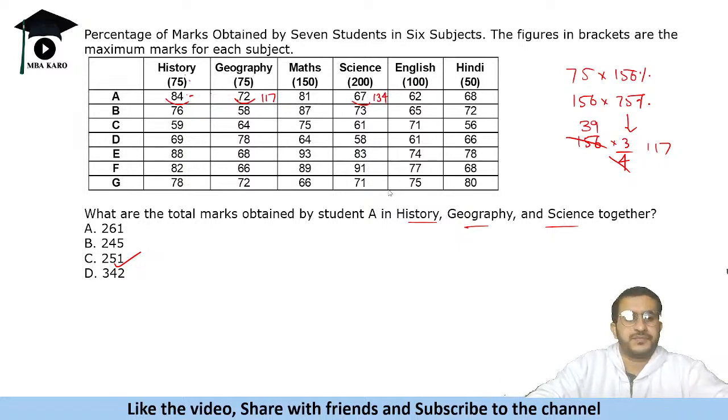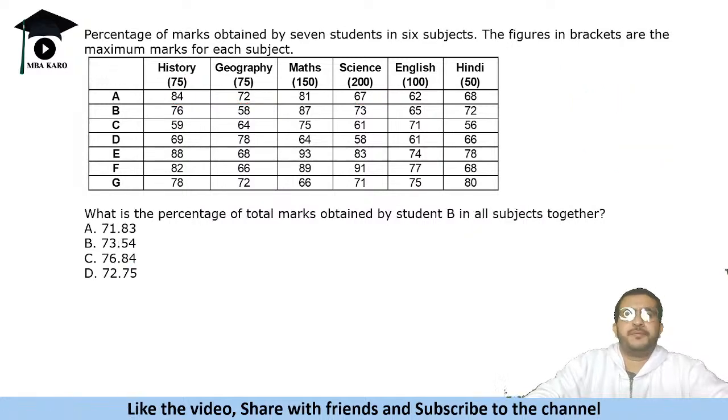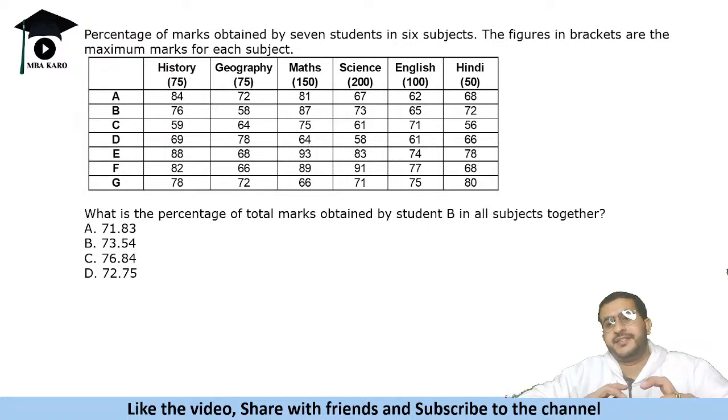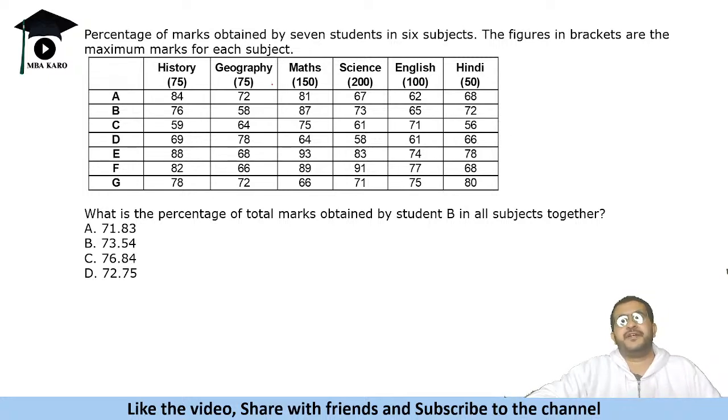Okay. All right. Next question. What is the percentage of total marks obtained by student B in all subjects together? So we need to find his percentage marks. Now the thing here is, if the maximum marks in each subject were equal, then you could take the average, but the maximum marks are different.